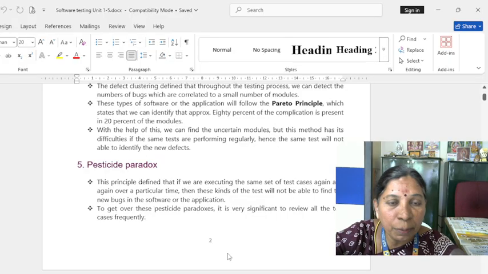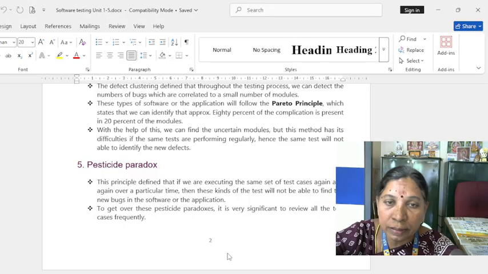Then our fifth point is the pesticide paradox. This principle defines that if we are executing the same set of test cases again and again over a particular time, then these kinds of tests will not be able to find new bugs in the software or the application. It means the same set of test cases should not be used to test the software or application.